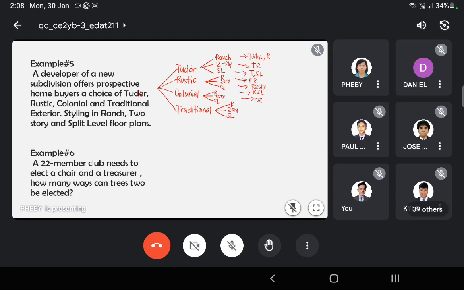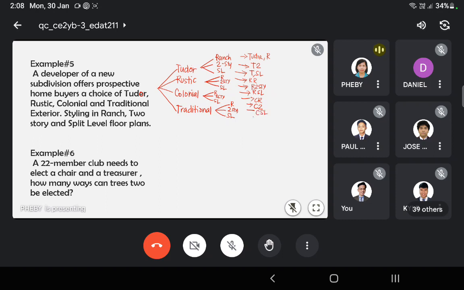Colonial ranch, colonial two-story, and colonial split level.